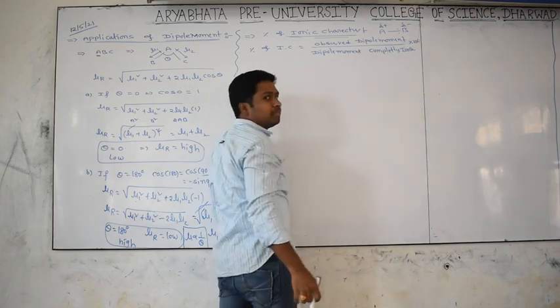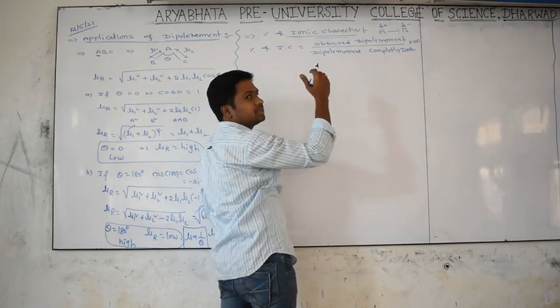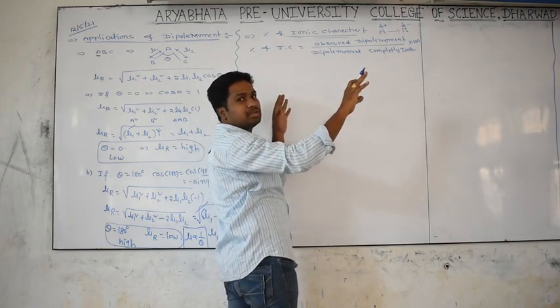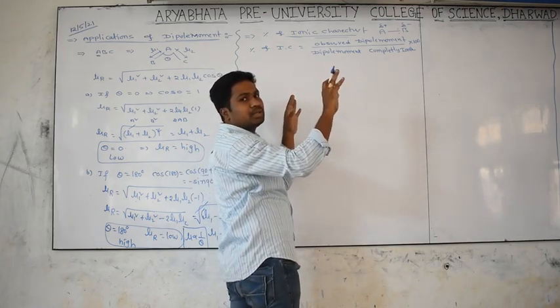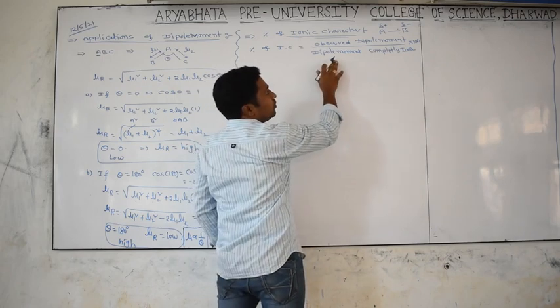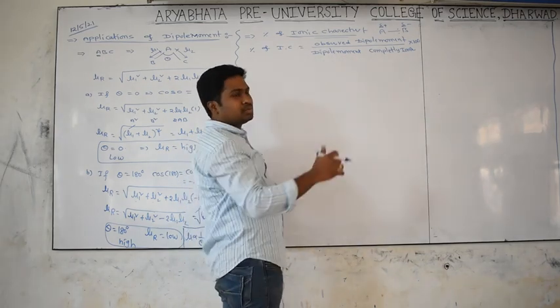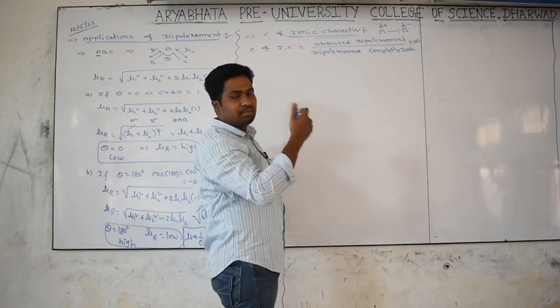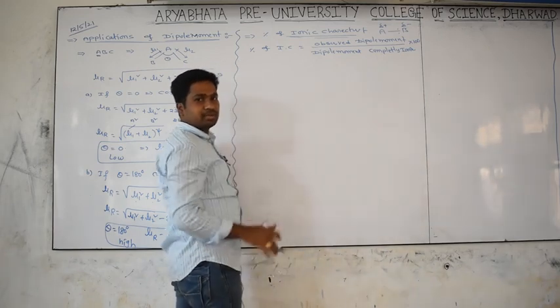What is the meaning of completely ionized? It becomes A plus and B minus, then some gap exists between them, and the dipole moment that comes is called the dipole moment when completely ionized. So the observed dipole moment divided by the completely ionized dipole moment gives the percentage of ionic character.